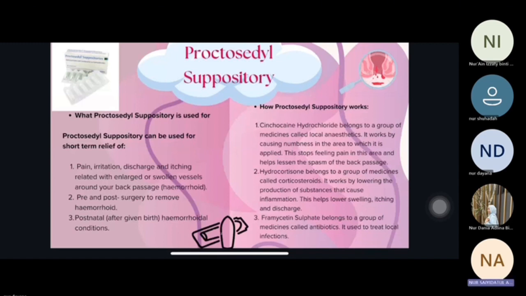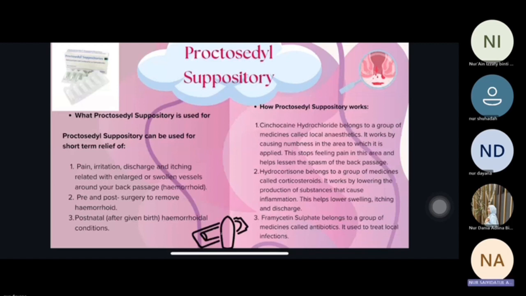How does Proctosedyl suppository work? First, cinchocaine hydrochloride belongs to a group of medicine called local anesthetics. It works by causing numbness in the area to which it is applied. This stops feeling pain in this area and helps lessen the spasm of the back passage.